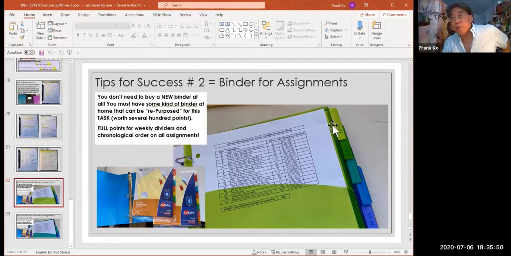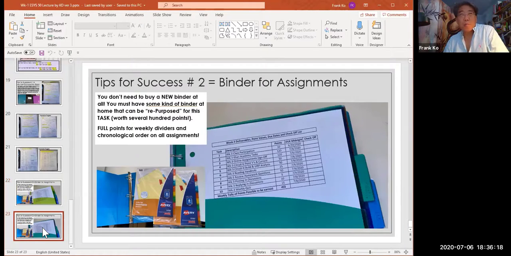Throw in a few dividers, label the tabs of those dividers, and in each week, have we not had a list of deliverables? Would that not be an appropriate thing to have at the beginning of each section? And all your handouts and assignments should be between each of those weeks. Here's another one right here. That's week 3.